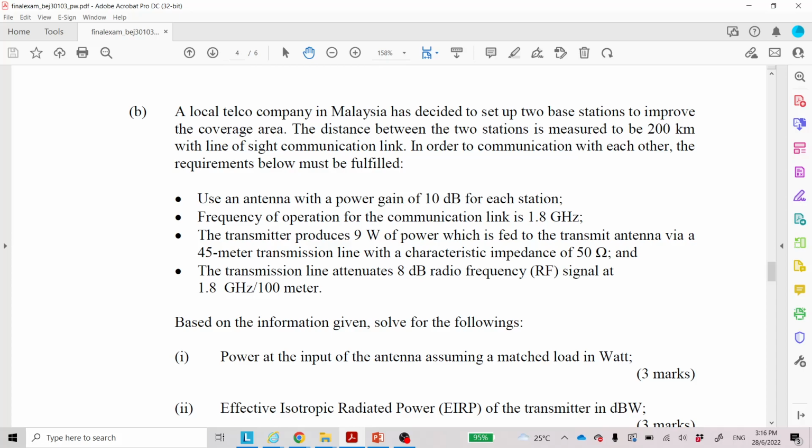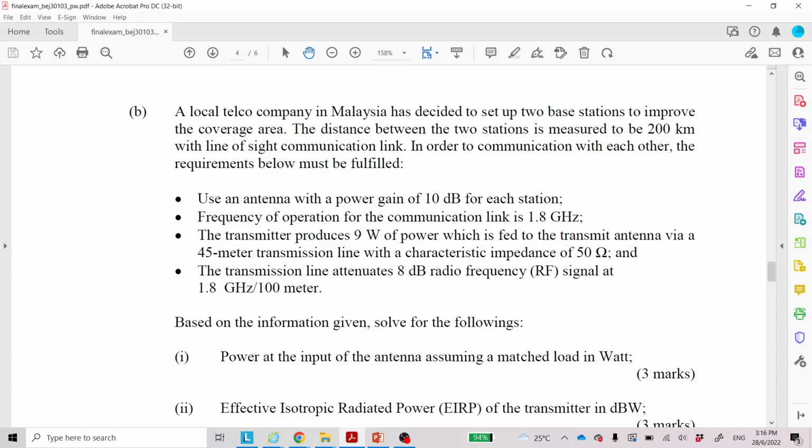So this is LT. Sorry, this is supposed to be not gigahertz, but 1.8 GHz is the frequency, and the attenuation is 8 dB per 100 meter.